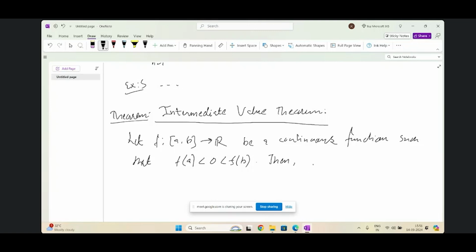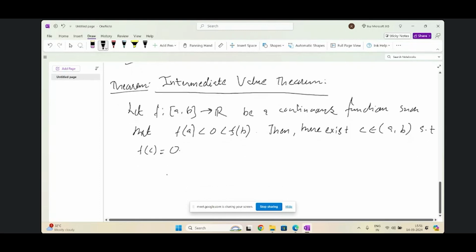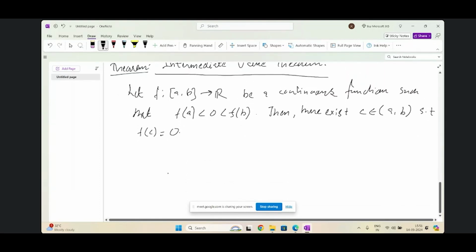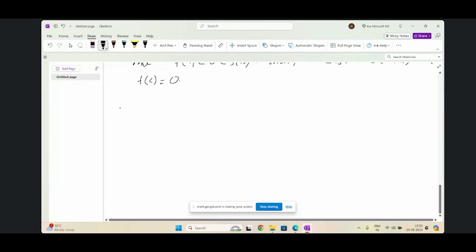Yes, if you draw such a graph, you will find that f will cross the x-axis. Then there exists c belonging to (a, b) such that f(c) equals 0. Okay, so this is the statement of the intermediate value theorem. We want to prove this result, so let us try to prove this.